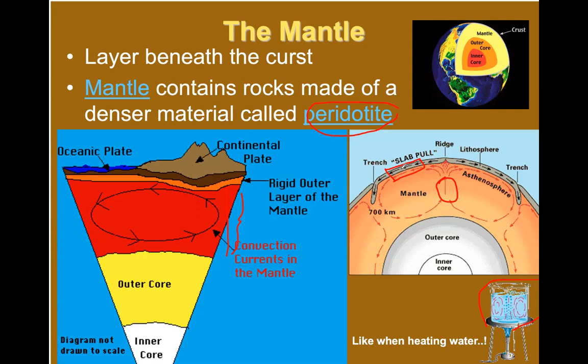So therefore, the fragmented crust has a driving force to move around. So the plate tectonics are acting because of this mantle convection. The driving force for the tectonics is this mantle convection.